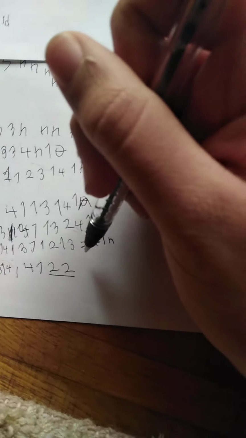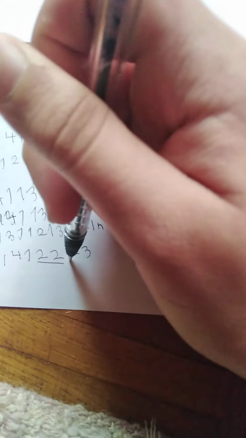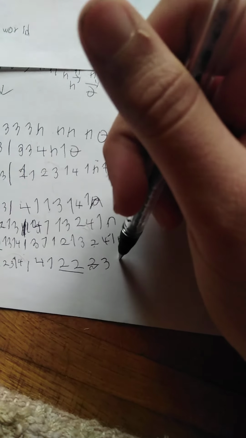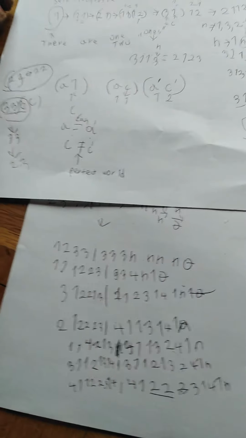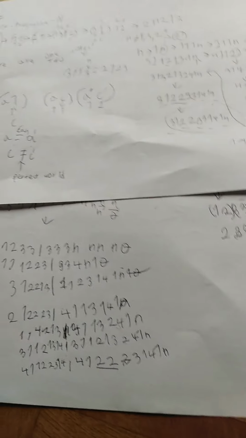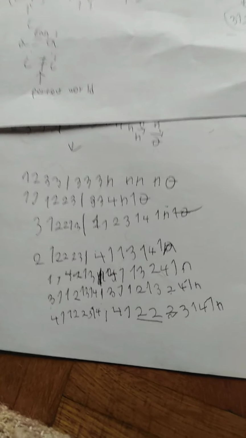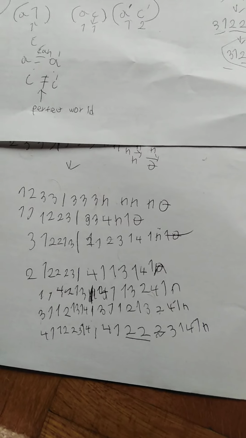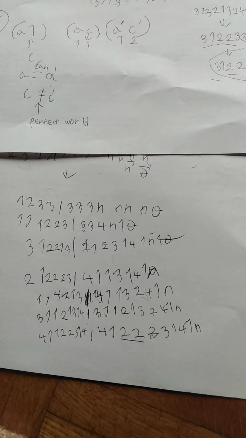Yay. 1 3, oh no, 2 3s. You broke my 2 pals. 1 4 and 1 N. Oh my god, I wanna die. 4 1 2 2 3 1 4 1 N. I mean, it's basically that, isn't it? Yeah, in the end.